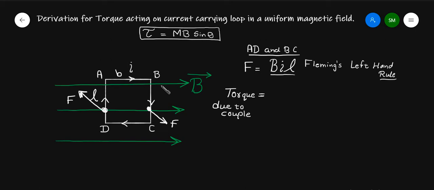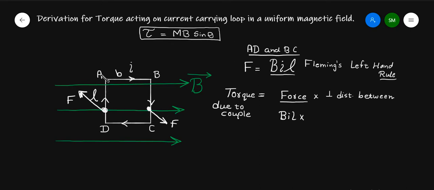As you know, the torque produced by the couple is given by force, you take any one force, into the perpendicular distance between the two forces. This formula we also discussed during the magnetic moving coil galvanometer. So force you put as BIL, and now the problem is the perpendicular distance between these two forces.